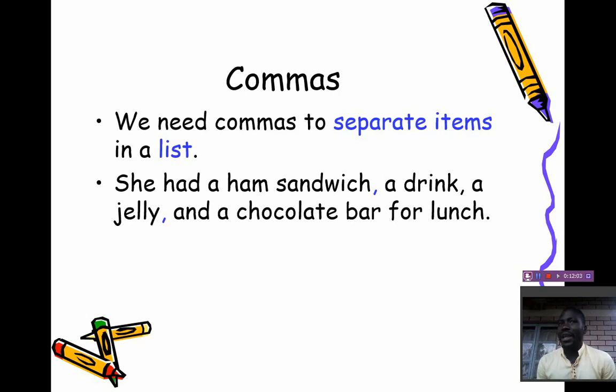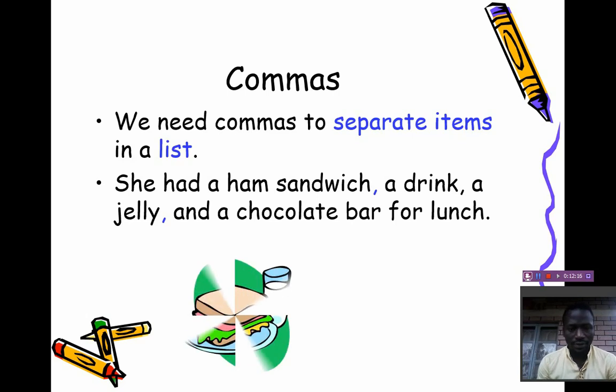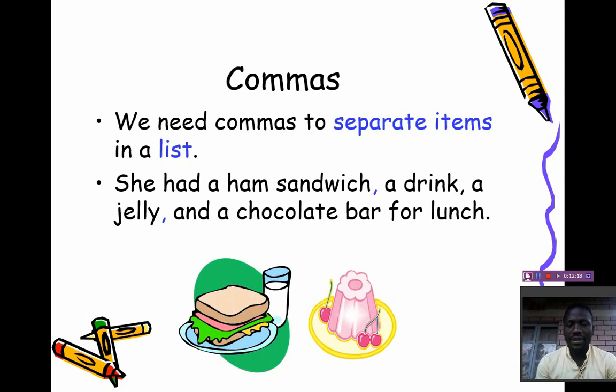No. The last item, you precede with 'and'. The commas are applied to the first things, then the one you end with, you apply 'and'. Okay? So these are the items that this lady had for lunch. These items are listed, and when you're listing them, you're supposed to apply commas to separate them.